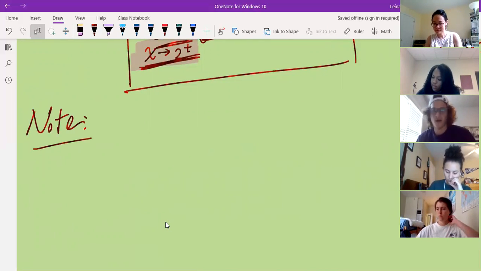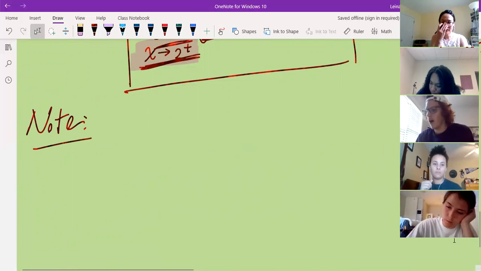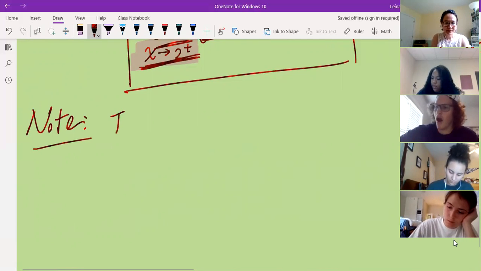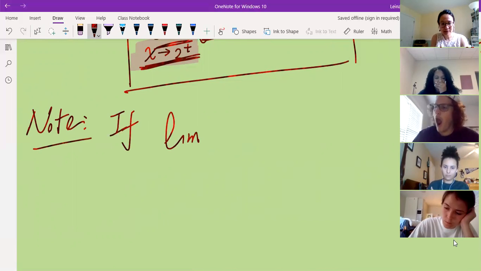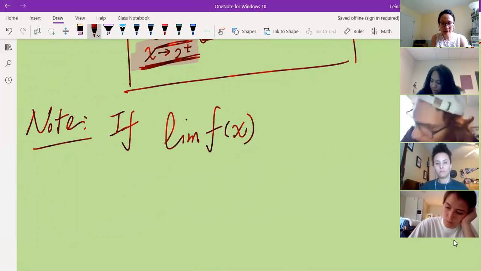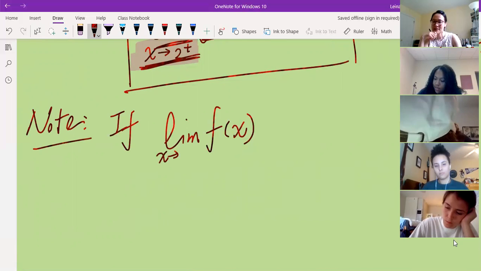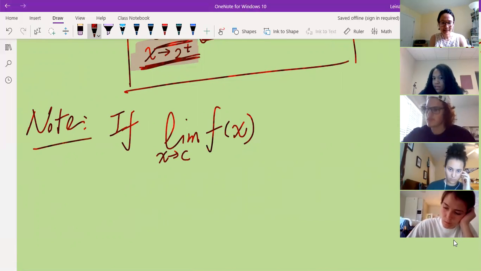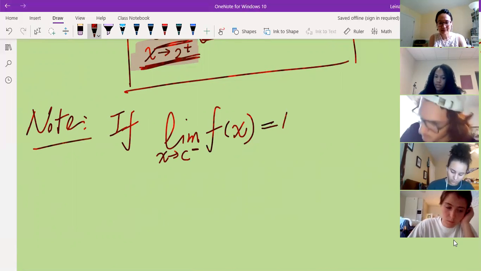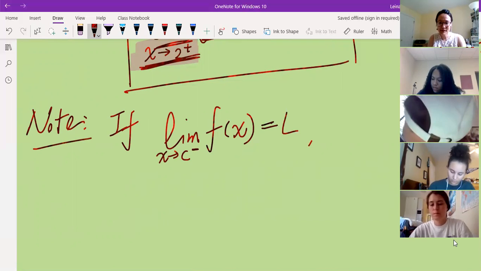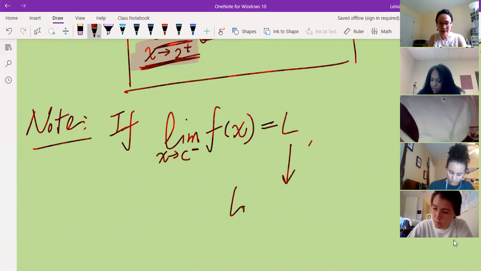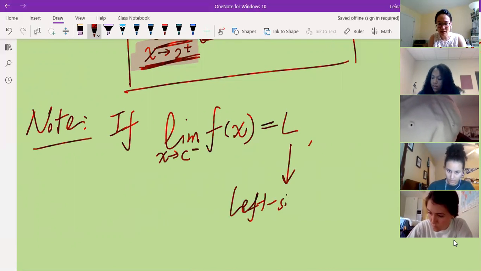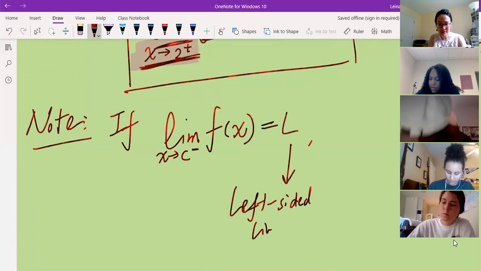Okay. So note, basically, we said if the limit of function f of x, x approaching an amount, say c, from the left equals L, the L referring to the left-sided limit.